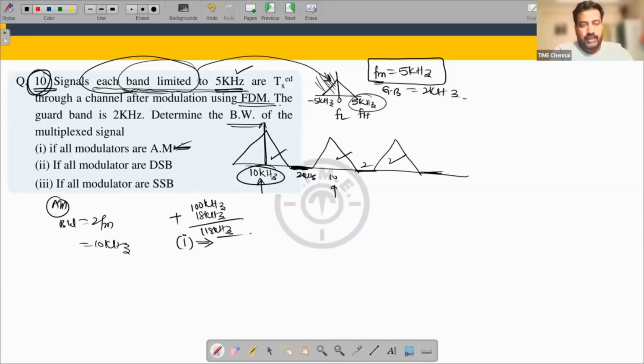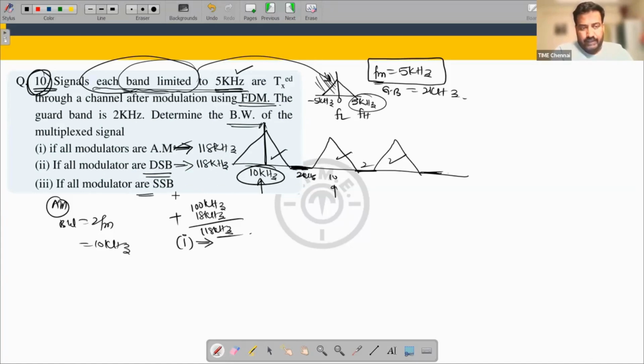If all the modulators are AM, then it takes a bandwidth of 118 kilohertz. If all the modulators are DSB, you know DSB and AM take the same bandwidth of 2 FM that we discussed in the theory in the previous class. So this will also be 118 kilohertz.